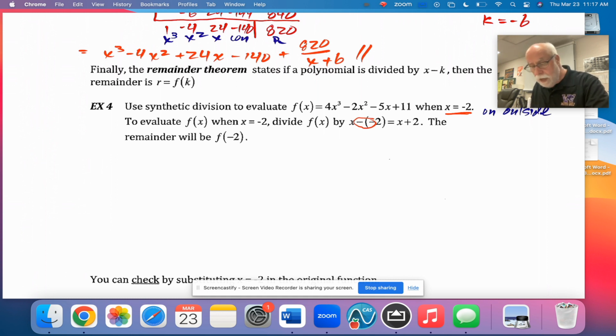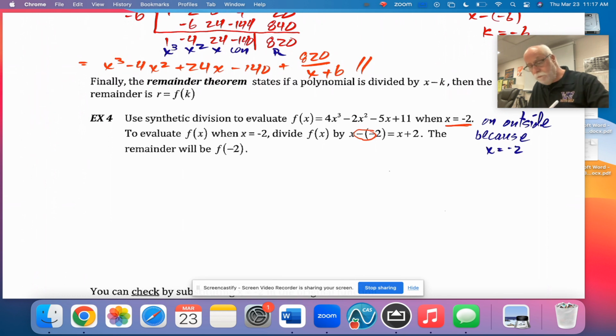Because if you think, let's just kind of think how we would have it. So we have x is equal to -2. That would be if we were using the zero product property, right? So we would say that x plus 2 is equal to 0.